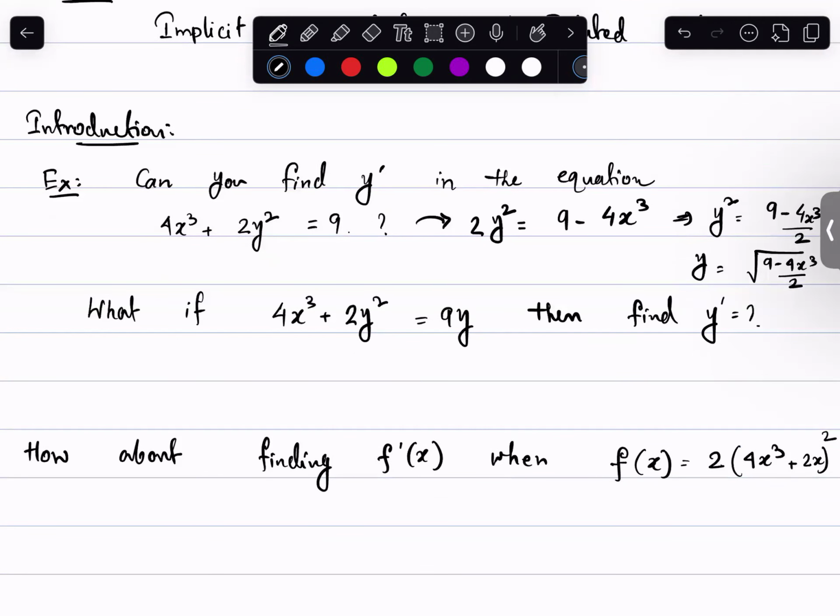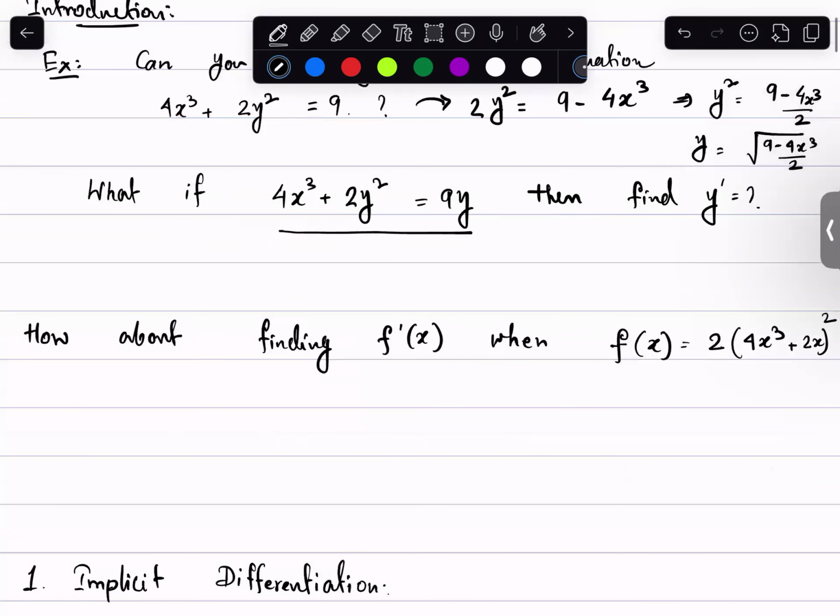And now what if my equation is given like this, where the variable y appears two times in the equation, then how can you find y prime or dy over dx? This sort of question can be answered by using the methods that we will be observing in this section.